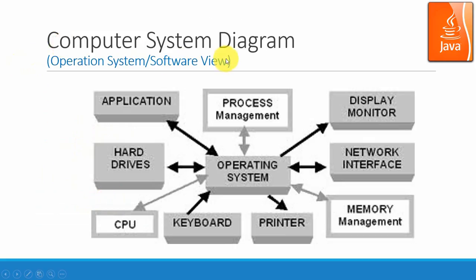And from the software point of view, the central piece of software in the computer system is the operating system. An operating system has two major tasks. The first one is to manage the resources in the computer system. The second task is process management. A program on the hard drive is called a program file or a program.